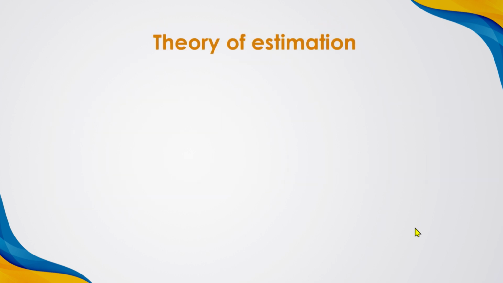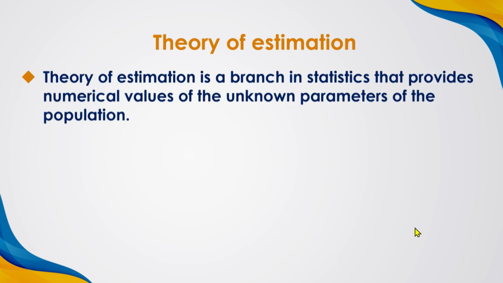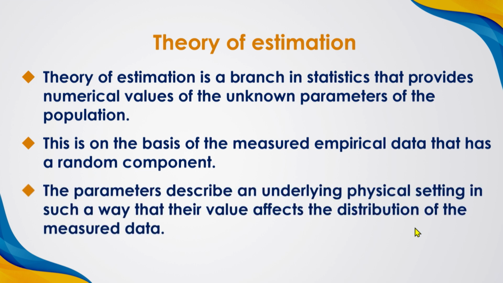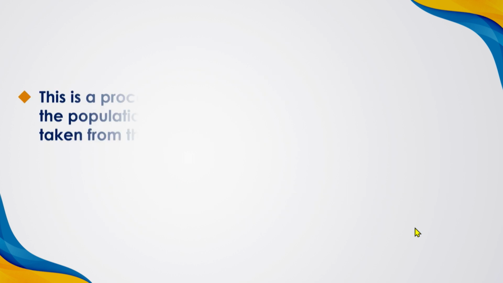Now, theory of estimation is a major part of statistical inference. It is a branch of statistics that provides numerical values of the unknown parameters of the population. This is on the basis of the measured empirical data that has a random component. The parameters describe an underlying physical setting in such a way that their value affects the distribution of the measured data.